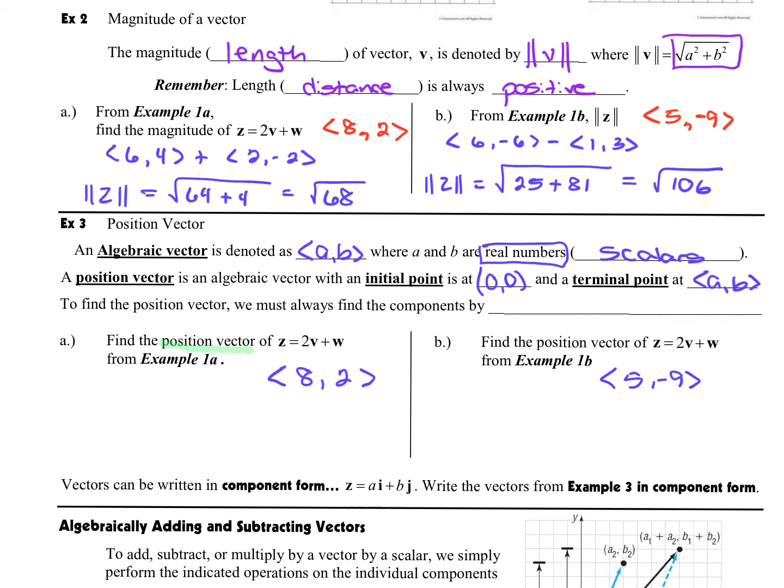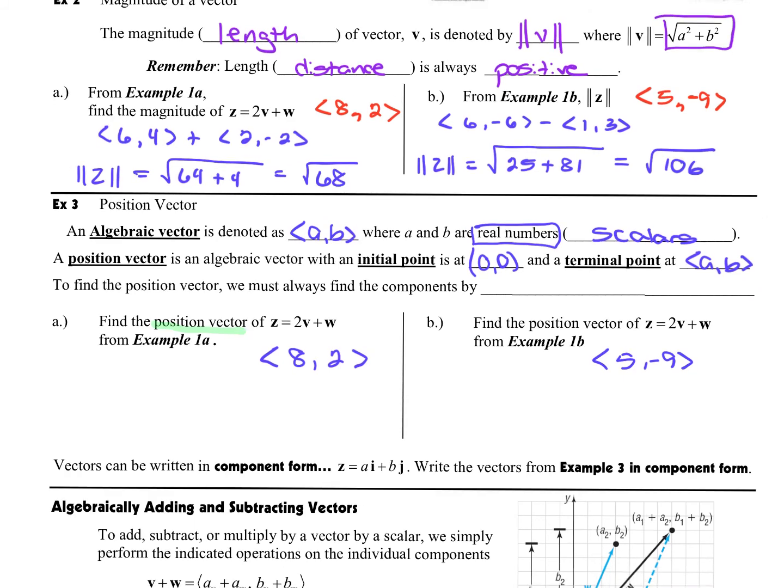Now we've got one more thing that we can think about in terms of our vectors and writing them, and we have another form, and it's called a component form. And a component form is going to look like this. We're going to take that A and B, but we're going to make them coefficients on a term with an I and a term with a J. So we can take this exact same vector for Z, and we're going to now write it as 8I, and we're going to say plus 2J.